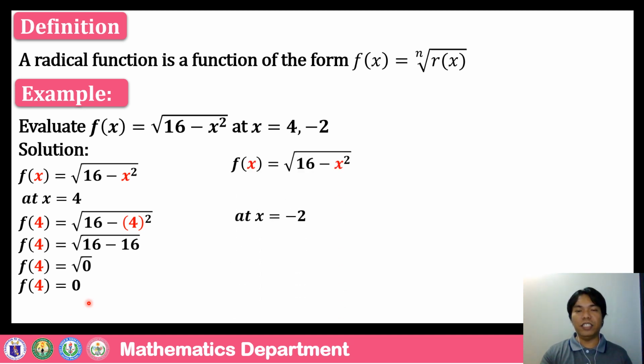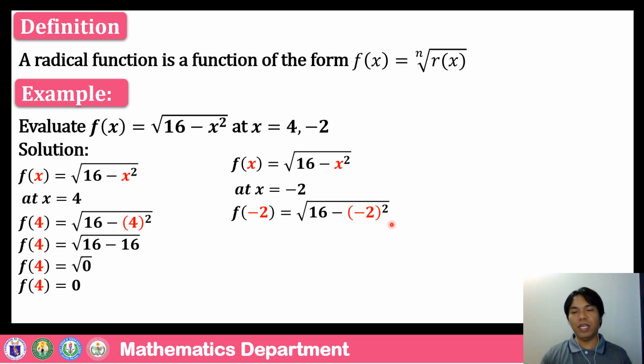At x equals negative 2 naman, magkakaroon tayo ngayon ng f of negative 2 is equal to square root of 16 minus negative 2 squared. Kapag sinimplify natin yung ating negative 2 squared, ang result niyan ay positive 4. So magkakaroon tayo ngayon ng square root ng 16 minus 4. So ang 16 minus 4 is just the same as 12.